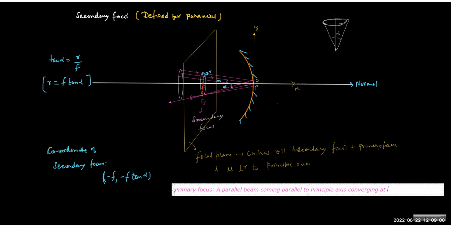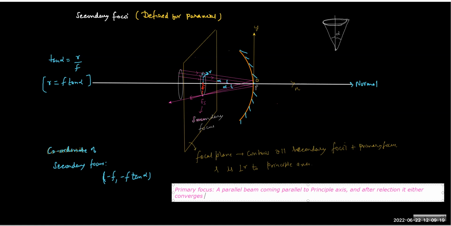A beam coming parallel to the principal axis, after reflection, either converges to a point or appears to be diverging from a point on the principal axis, is called the primary focus.